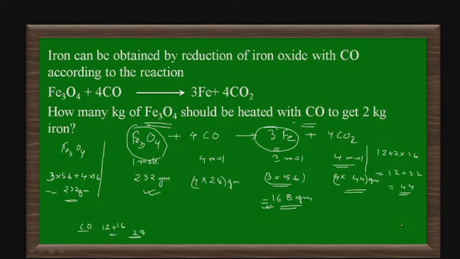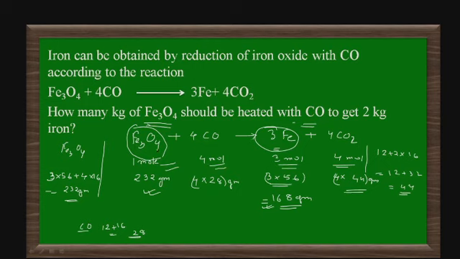Now you can see the question here. You are asked to calculate the mass of Fe3O4 to produce 2 kg of iron. For that, first you need the balanced chemical equation, which is already given in this question. You only use the reaction stoichiometry. This is 1 mole, 4 mole, 3 mole and 4 mole.